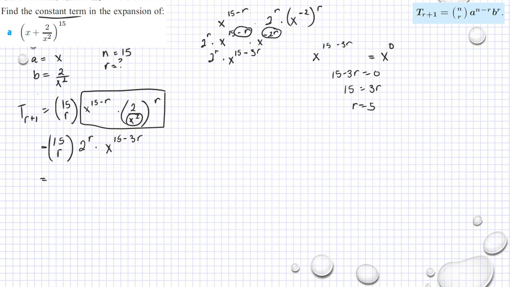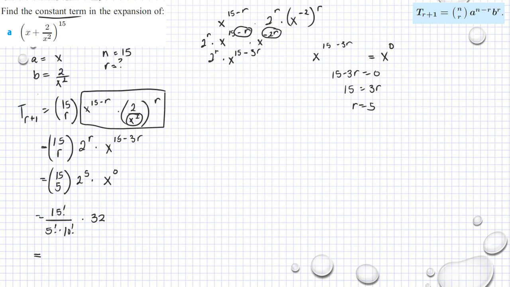So we have now 15 taken 5, multiplied by 2 raised to 5, multiplied by x raised to 0. That's supposed to be 1. And then we have 15 factorial divided by 5 factorial multiplied by the difference 10 factorial, multiplied by 32.